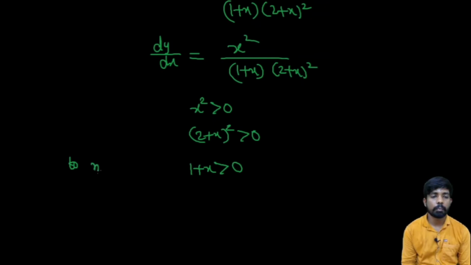To make slope positive, 1 plus x should be greater than 0, then only the slope is positive. Therefore we can say this is increasing function.